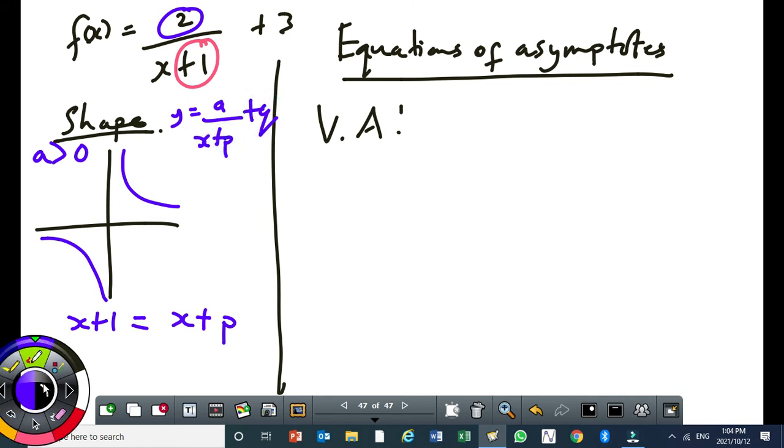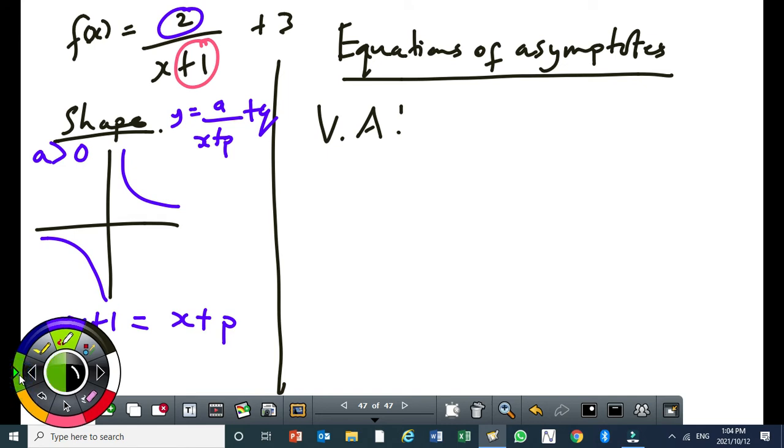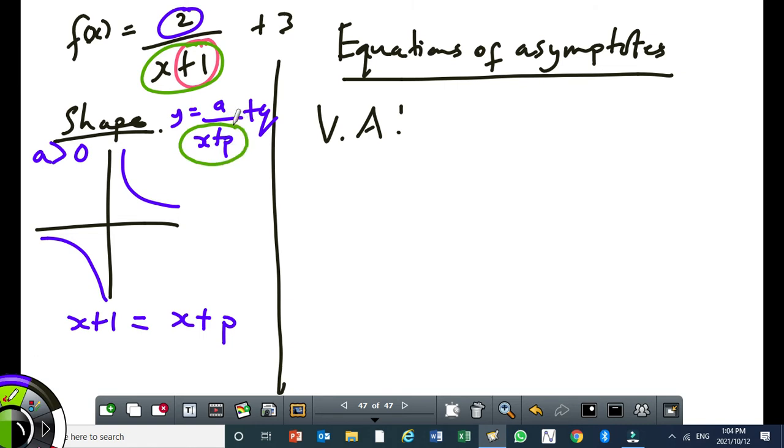So I'm equating this denominator and that denominator so that I can get the value of p. These two cancel out, so p is going to be 1. The general equation for the vertical asymptote is x equal to minus p. So this p is equal to 1, therefore my equation will be x equal to minus 1.